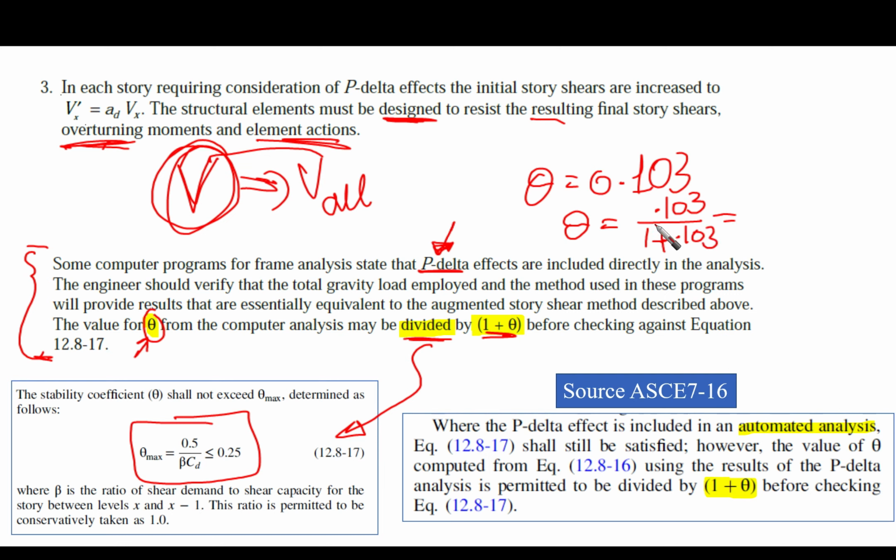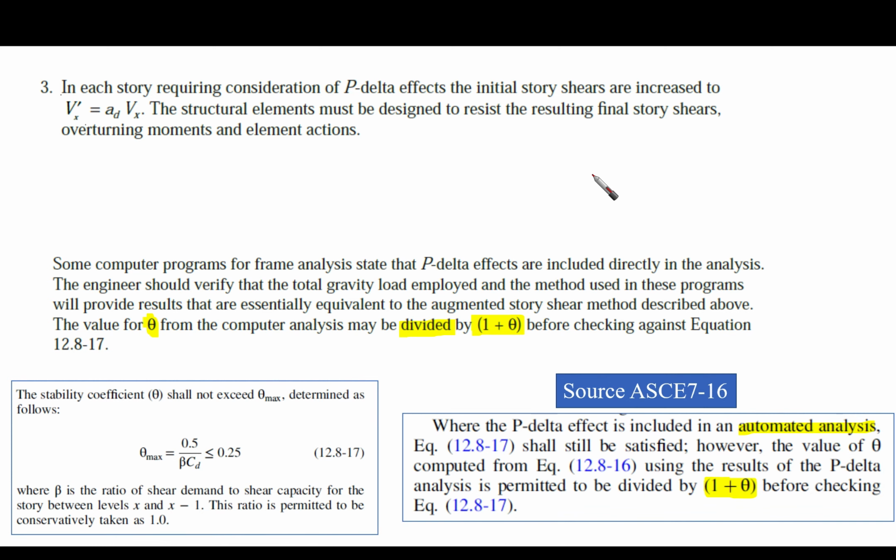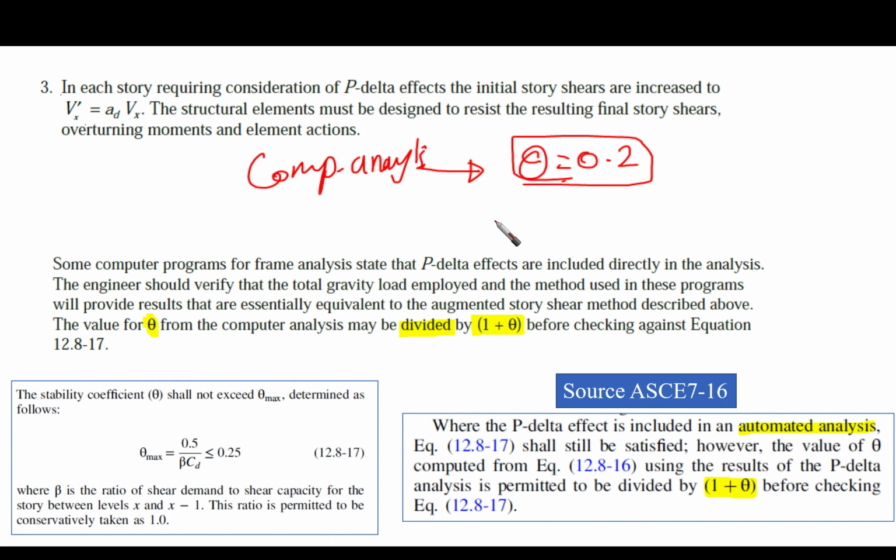Let me wipe this away to make it clearer. Let's assume that theta equals 0.2, calculated from the computer analysis. This is coming from computer analysis, okay? In this case, we should not use this 0.2 directly in order to check the maximum.